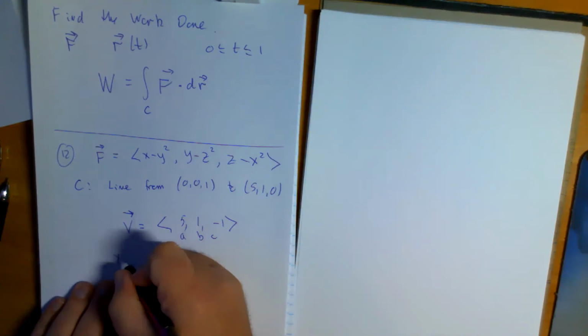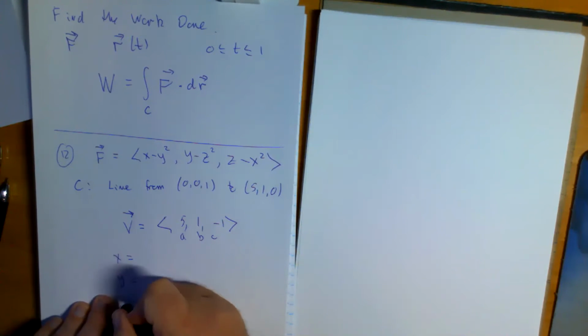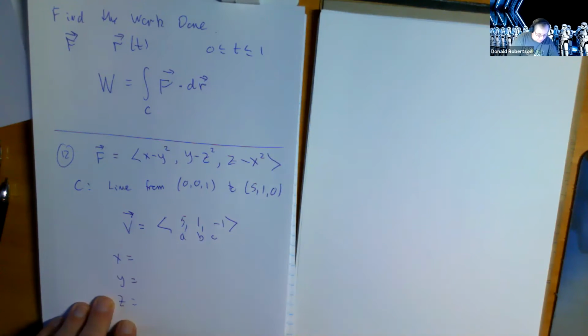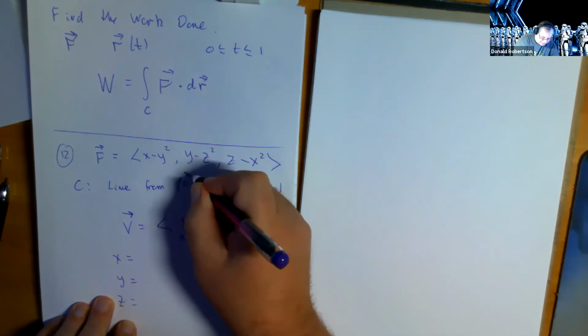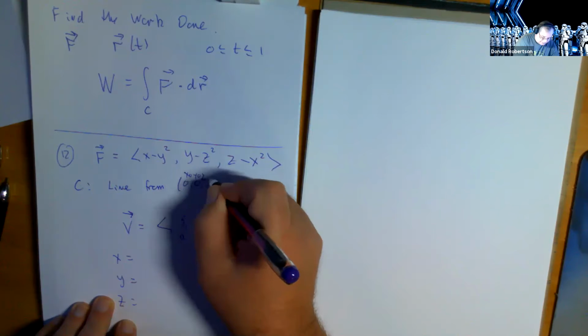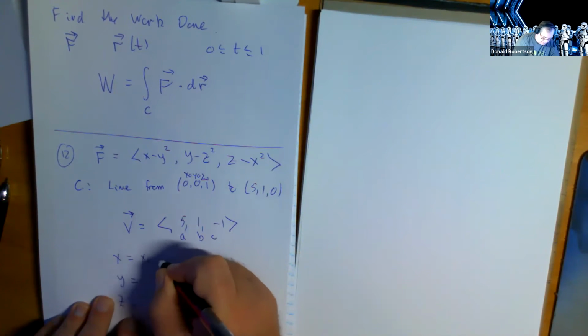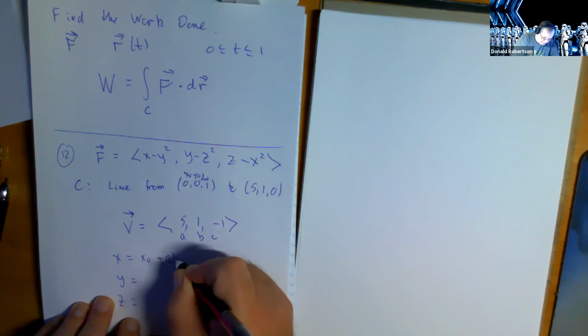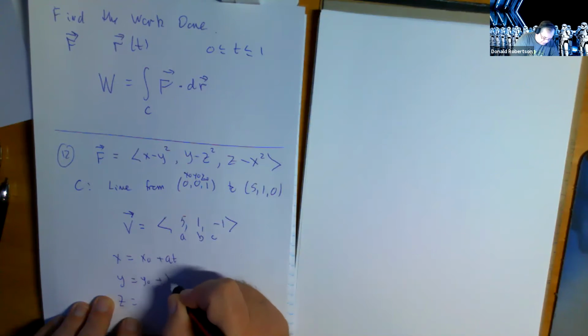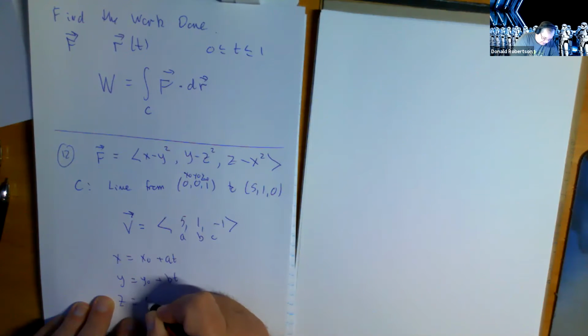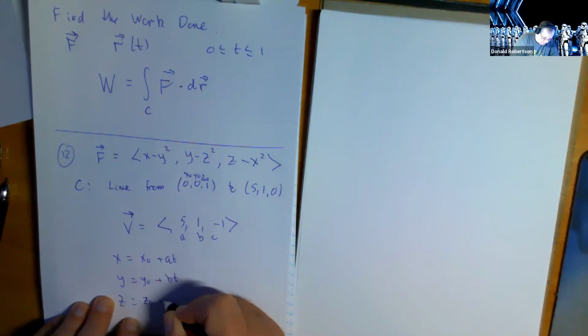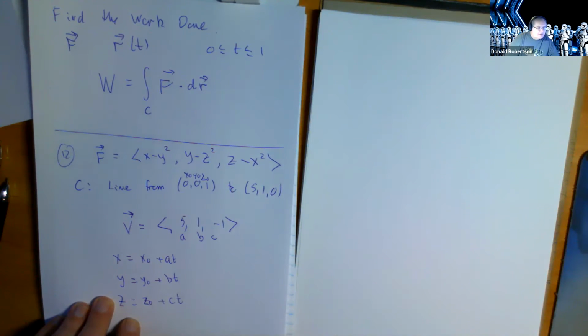And won't the x and the y and the z, the parametric equation, be x naught plus at, y naught plus bt and z naught plus ct. Remember that?